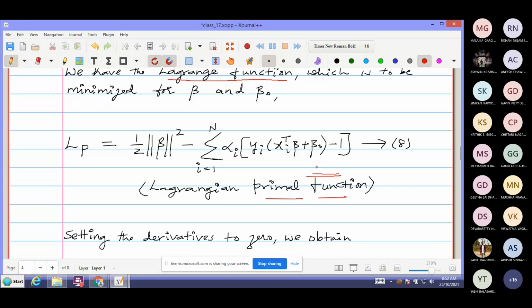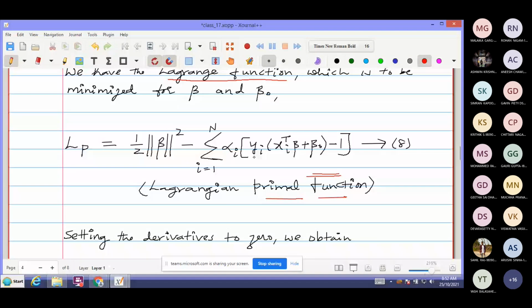Look at equation 8 here. LP denotes the Lagrange primal function of beta: the constant 1 by 2 into norm 2 of beta, minus summation i equal to 1 to n alpha i into yi into xi transpose beta plus beta 0, minus 1.